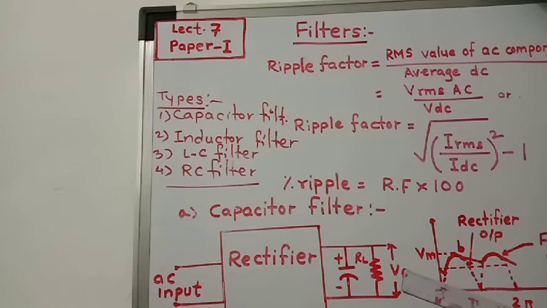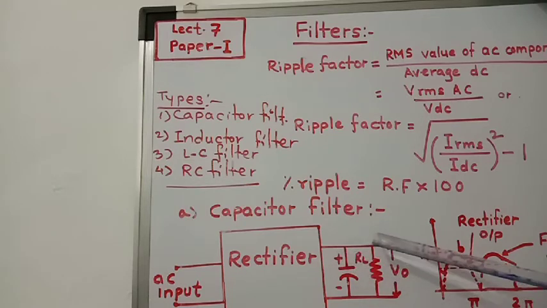But for AC, if the capacitance value is large, then it produces low opposition. Therefore, it gives a low reactance path for AC and very high resistance to DC, or generally it does not allow DC.